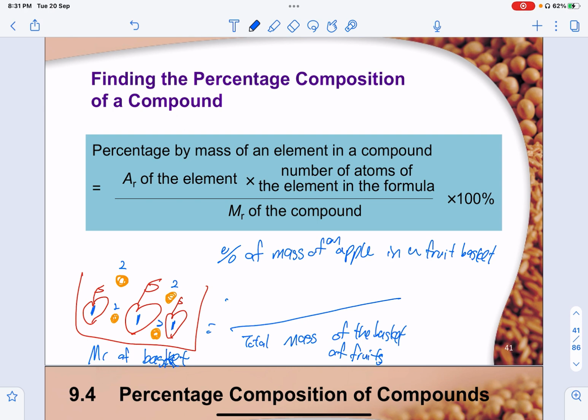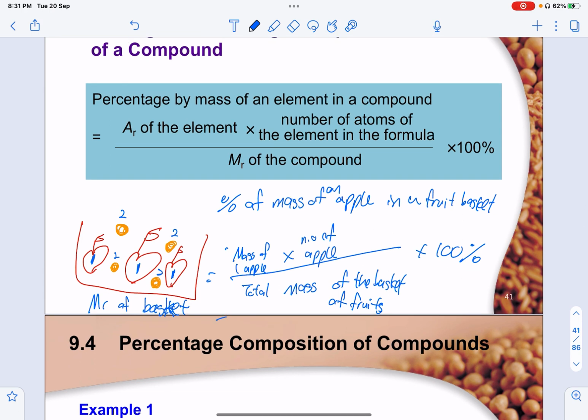The mass of one apple is 1, multiplied by the number of apples, times 100%. So if we want to do a side-by-side comparison, mass of one apple is 1 gram, multiplied by there's 3 apples, over the total mass of the fruits.